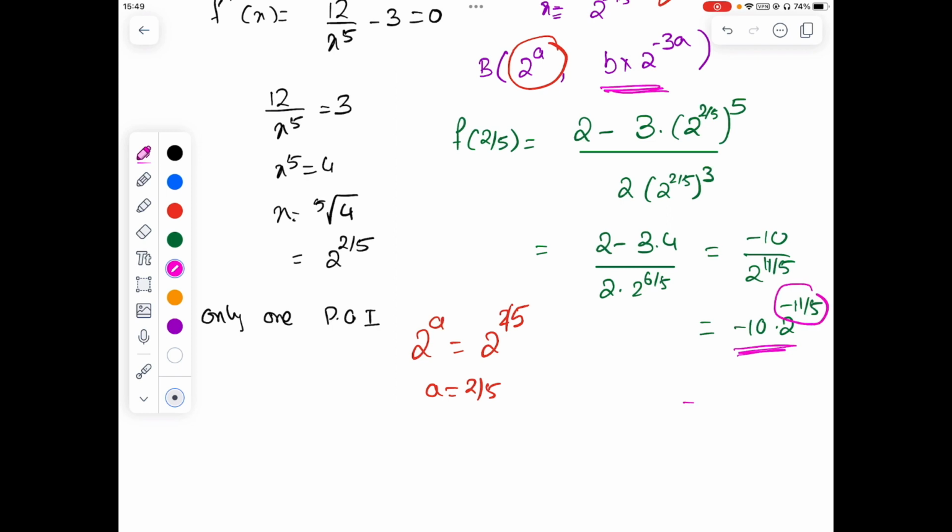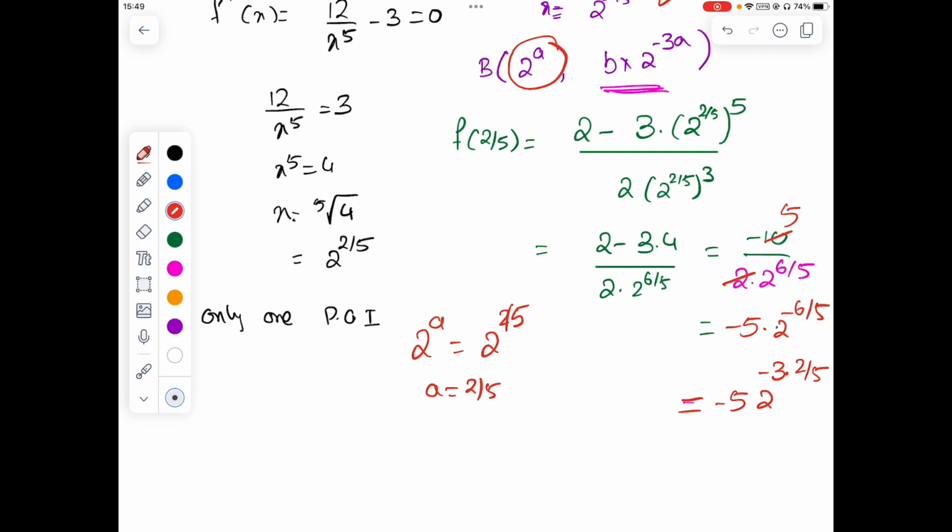Rather than writing 2 power 11 upon 5, what is the correction I will be doing? I will write this as 2 times 2 power 6 upon 5, and I can cancel 2 times 1, 2 times 5. I get negative 5 times 2 power minus 6 upon 5. So you can clearly see that it is 2 to the power of negative 3 times 2 upon 5, since minus 6 upon 5 can be written as negative 3 times 2 upon 5.